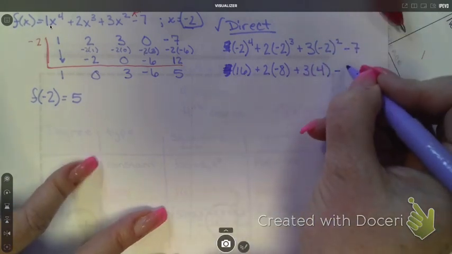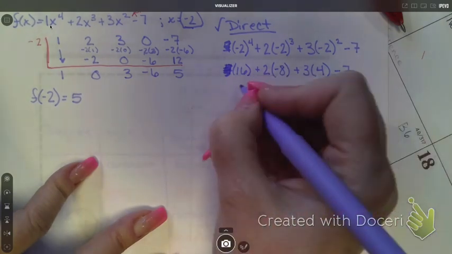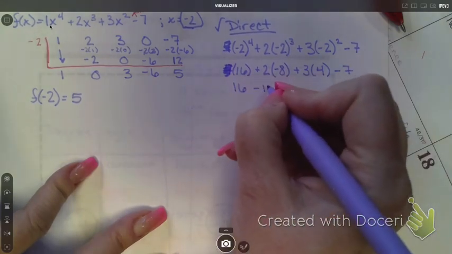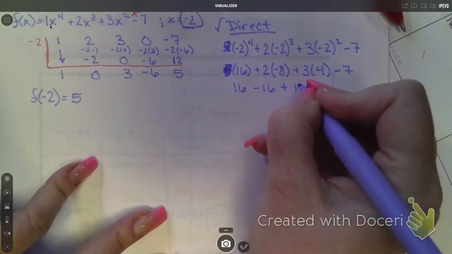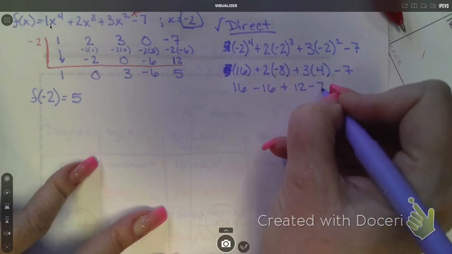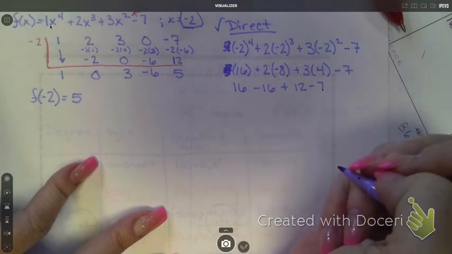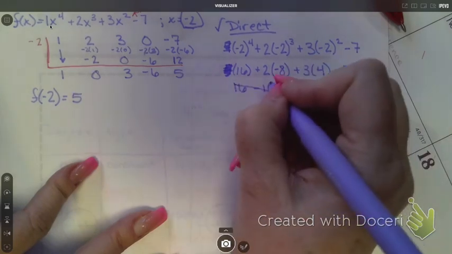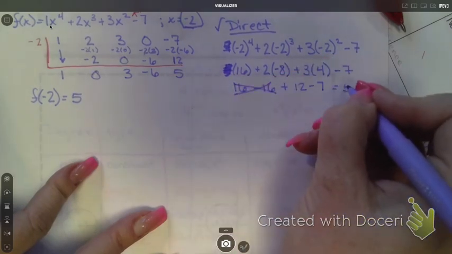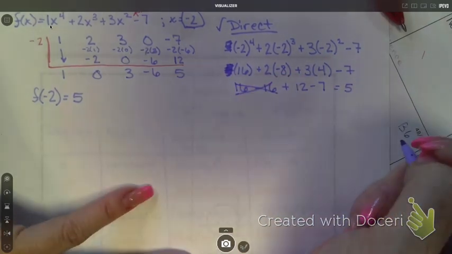And then -7. So I have 16 minus 16 plus 12 minus 7. So I'm pretty sure that is 5.